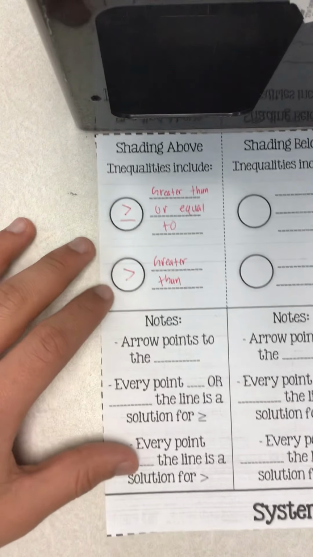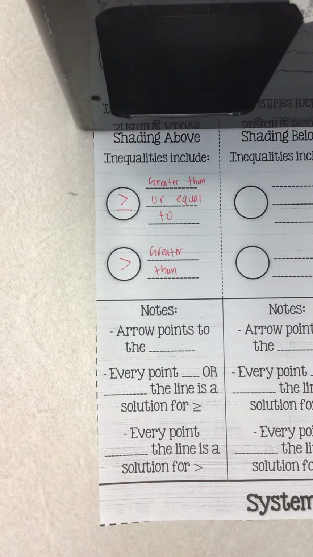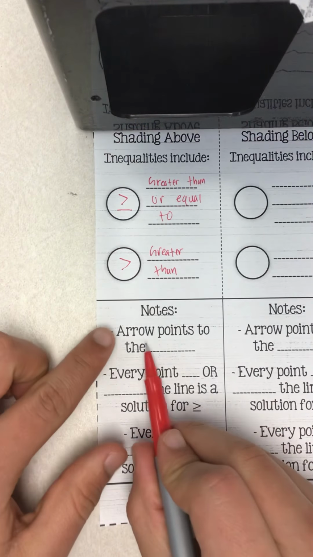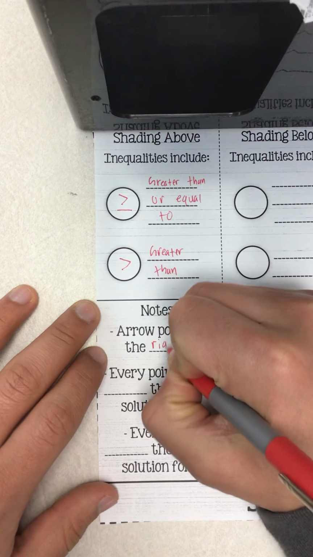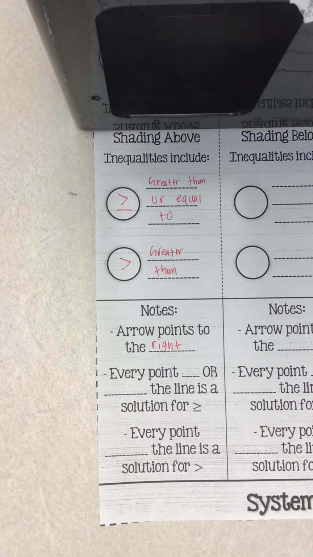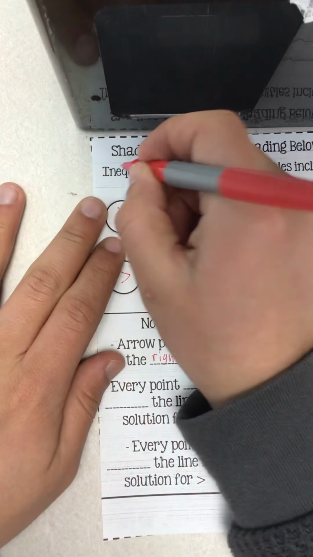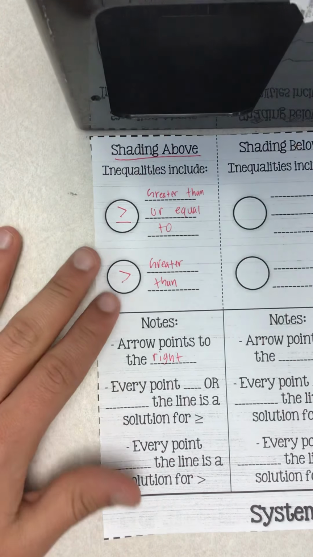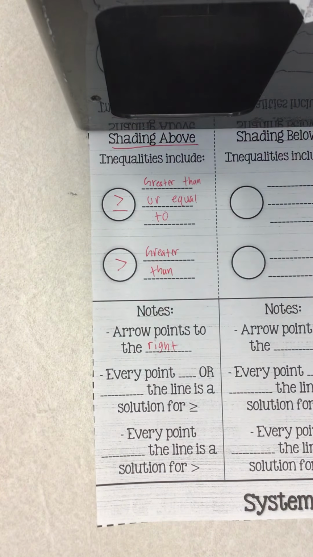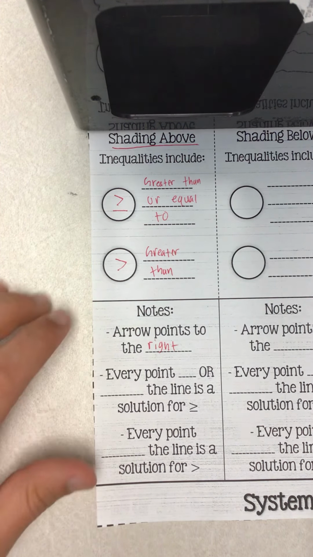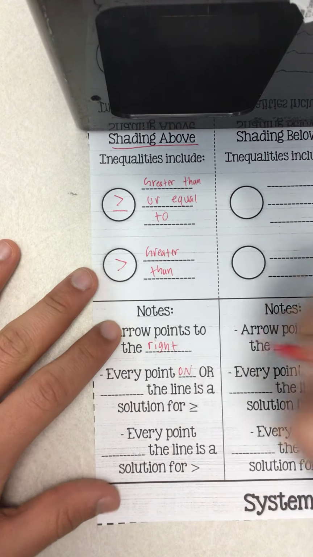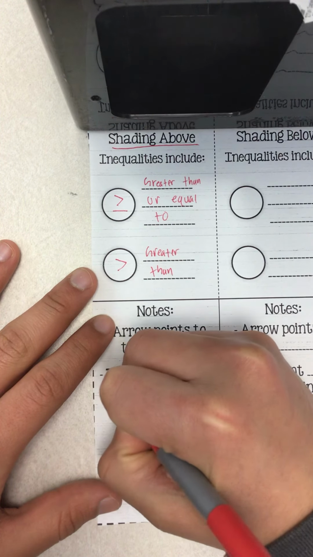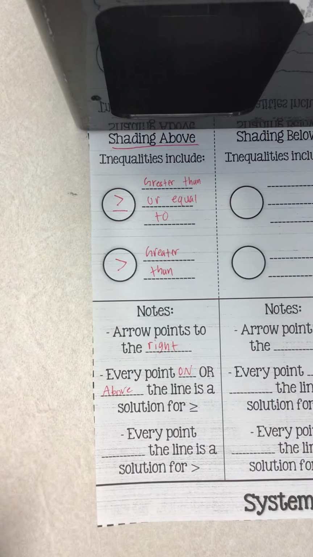Now some notes about this inequality: the arrow points to the right. So if you ever see an inequality where the arrows are pointing to the right, that lets me know I need to shade above. We'll get to what that means in a little bit. The next point, every point on or above the line is a solution for greater than or equal to.